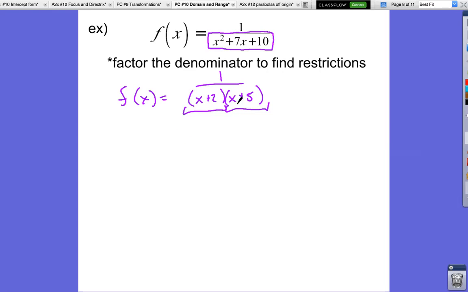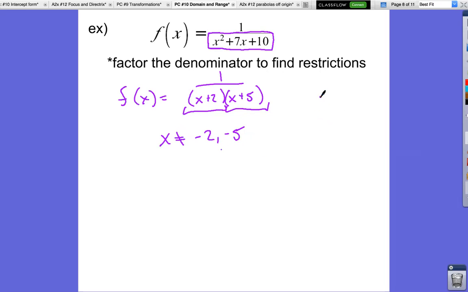So what can x not be? -2 and -5. So x cannot be those values. It can be anything except for -2 and -5. Those are the only two values that make the denominator equal 0.